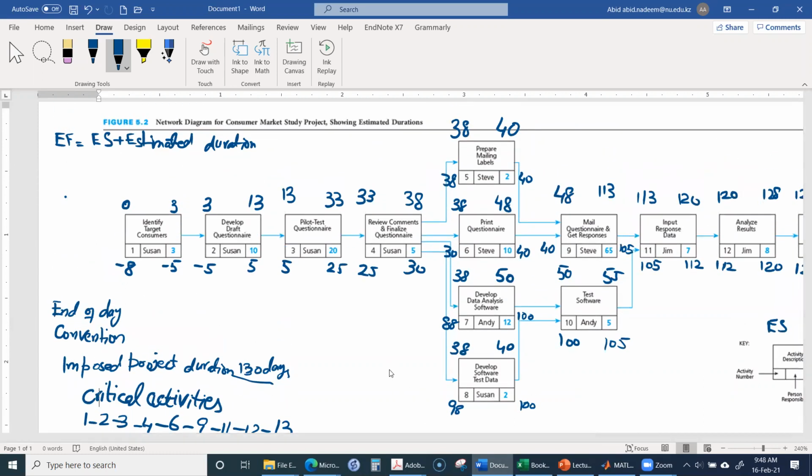Total slack or total float is the difference in the earliest start time. So for example, total slack or total float is equal to the difference between these times.